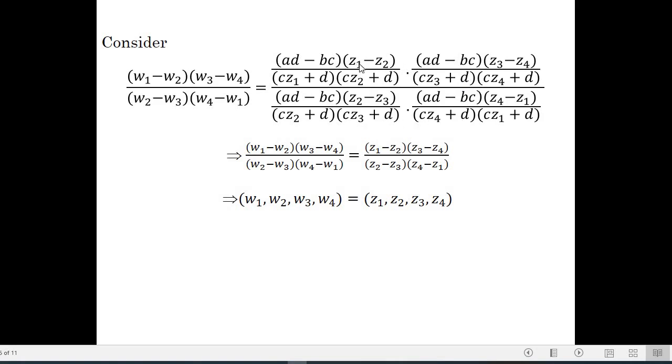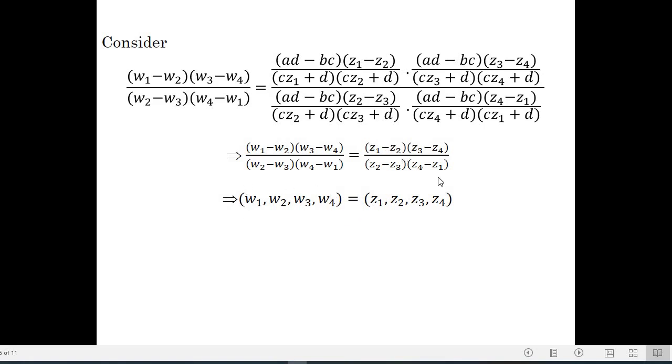What is the remaining term? In the numerator Z1 minus Z2 into Z3 minus Z4. In the denominator Z2 minus Z3 into Z4 minus Z1. So this LHS is denoted by W1, W2, W3, W4 within the brackets.